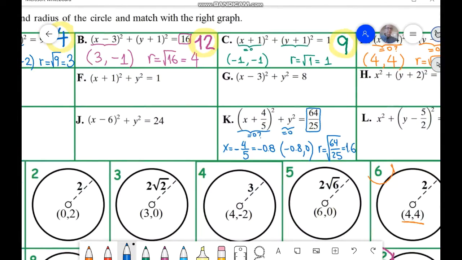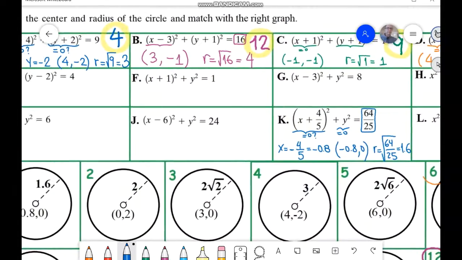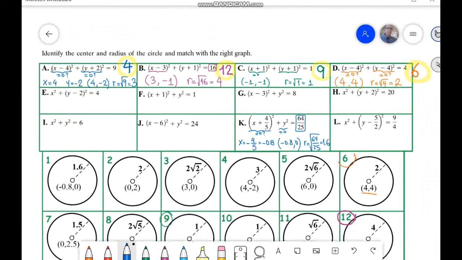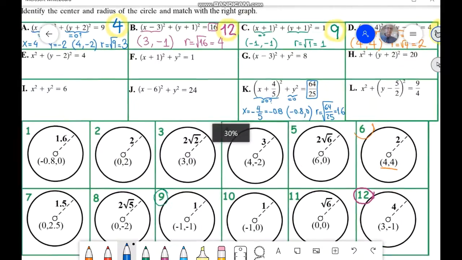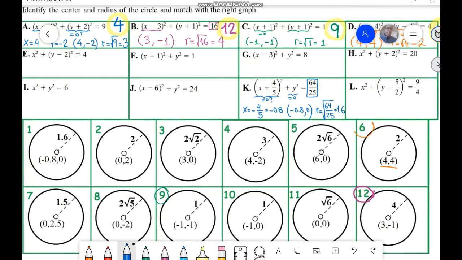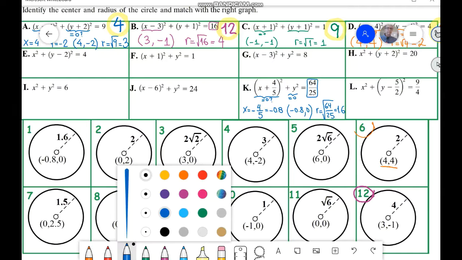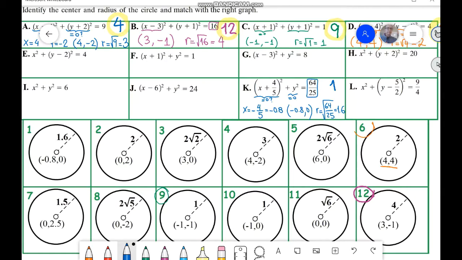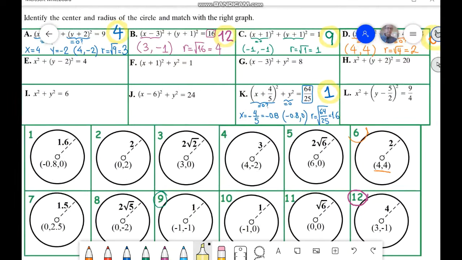What is the option that has radius equals 1.6 and the center of the circle negative 0.8 and 0? Can you find out the right option? Yes, it's going to be number 1. Okay.